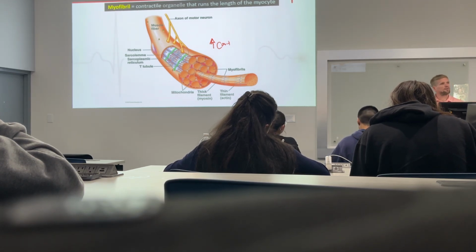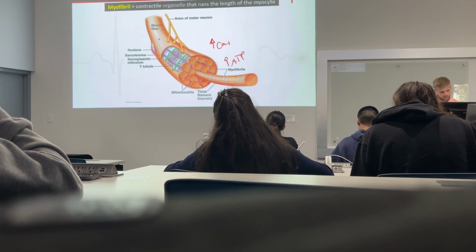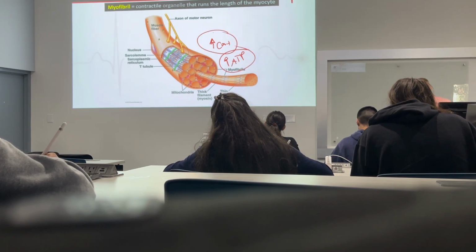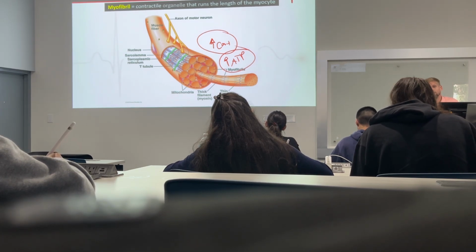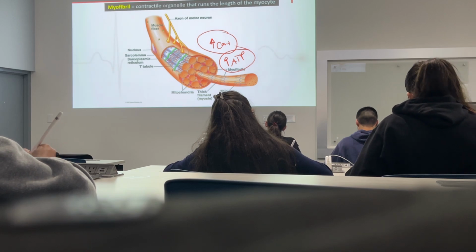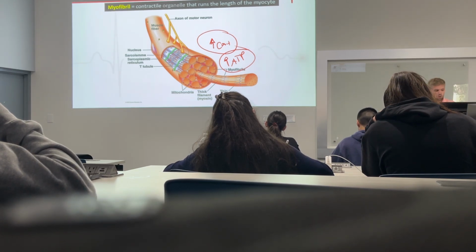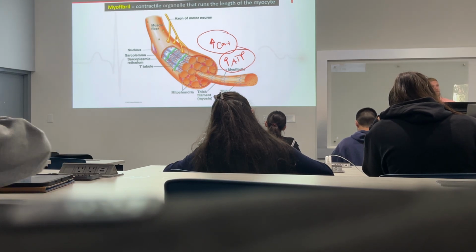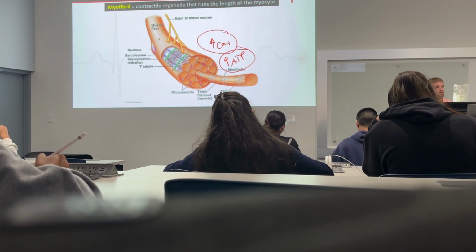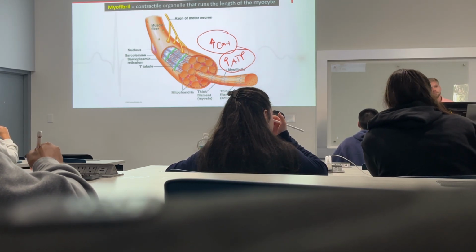But if you also want the contraction to continue, you need ATP. And we spent an entire module talking about how muscle fibers and other cells in the body make ATP. And hopefully you can now see also to a greater degree, the more that you ask a muscle fiber to contract, be it forcefully and frequently, the more ATP it's going to consume.